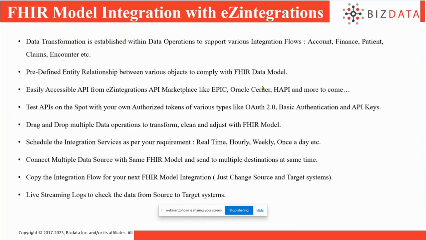It also has predefined operations where you can clean up your data and comply with your FHIR data model. We have an API marketplace where you can discover EHR systems like Epic, Oracle Cerner, and Happy, which are already onboarded, and a lot of other EHR systems.